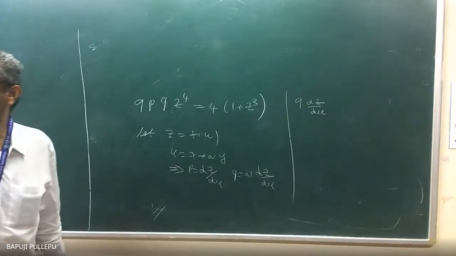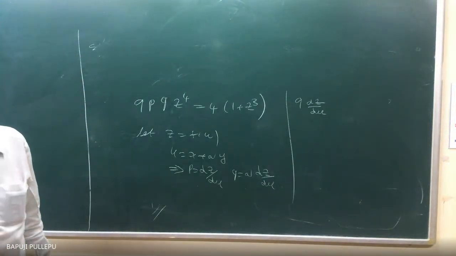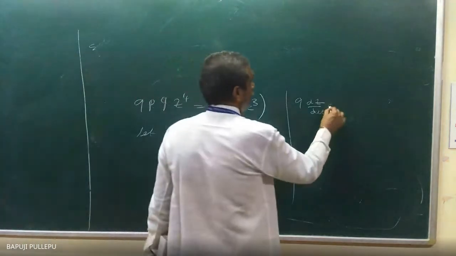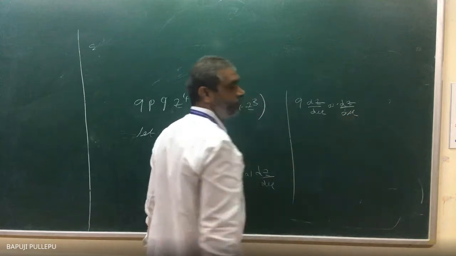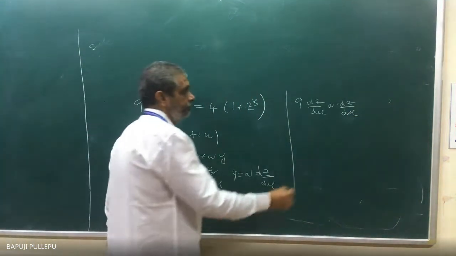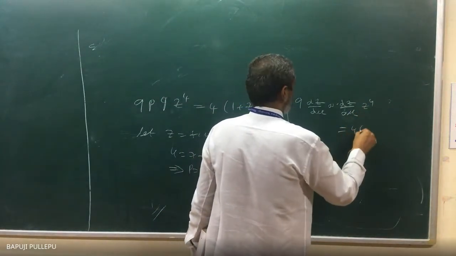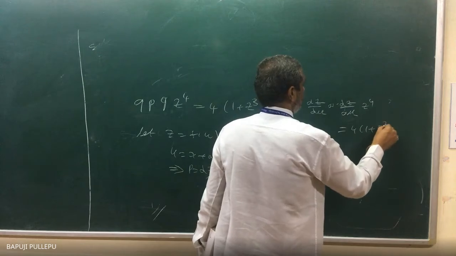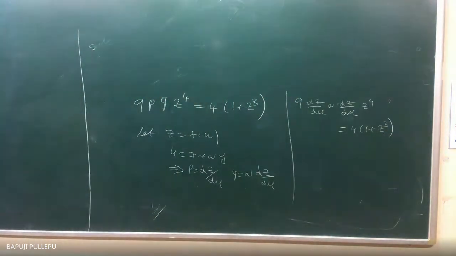So 9 into dz by du, then a into dz by du, into z to the power of 4 is equal to 4 into 1 plus z cube. Am I correct or not?